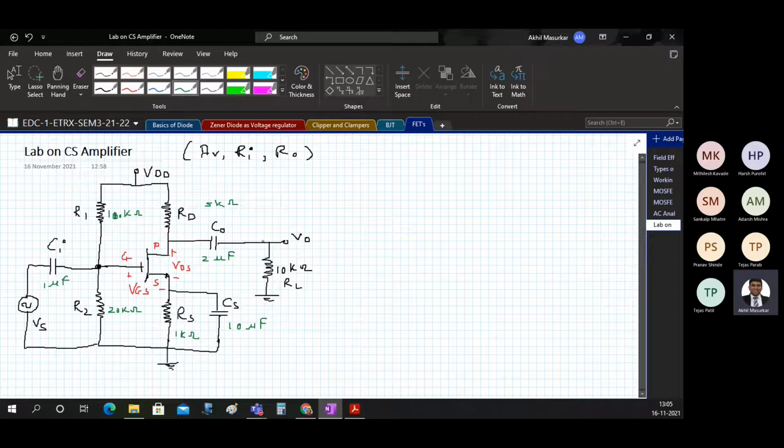It does not go into C0 or anywhere. So here's what we get: ID, and the same current will flow here.